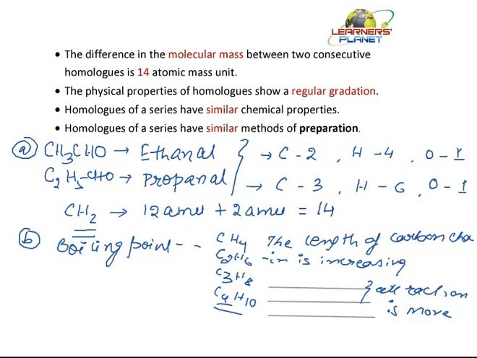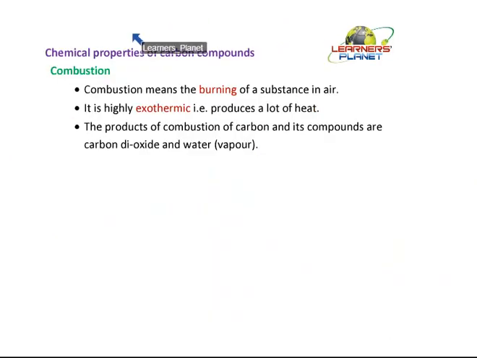I hope you understood this. Now let's take up the chemical properties of carbon compounds. Our first property here is combustion. What is combustion? Combustion means the burning of a substance in air. Any substance burning in air is combustion.